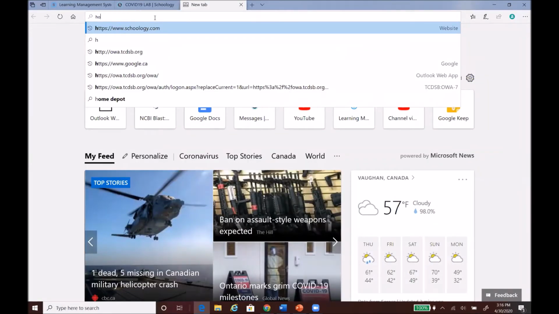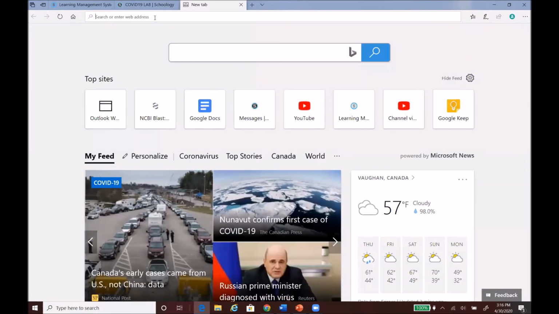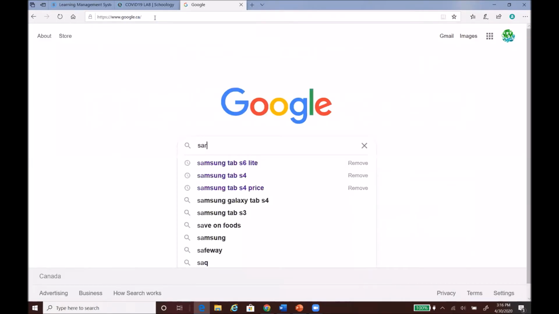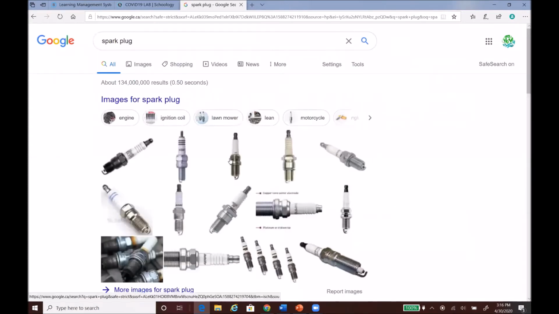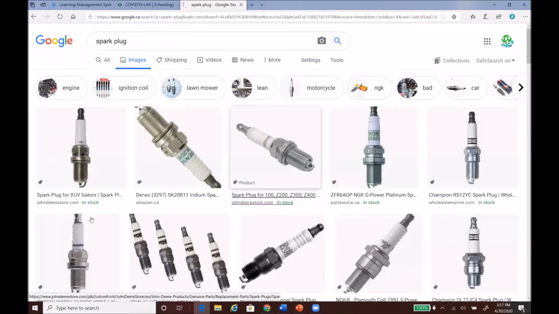So if I was to Google spark plug, this is what they look like. Okay, so they look something like this. If you notice, there's a little gap right here.